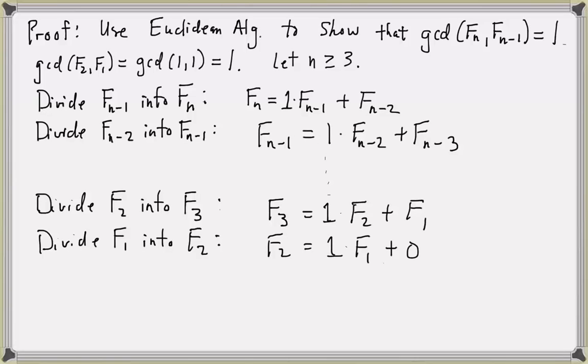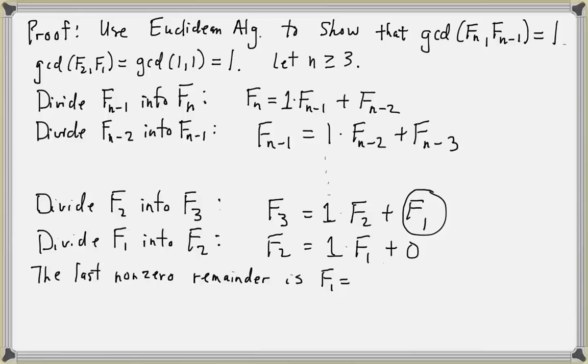So the last non-zero remainder was F1. But F1 equals 1. Therefore, the GCD of Fn and Fn minus 1 equals 1, and we can conclude that consecutive Fibonacci numbers are relatively prime.